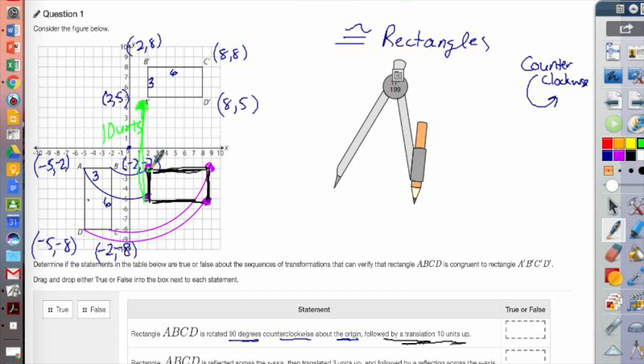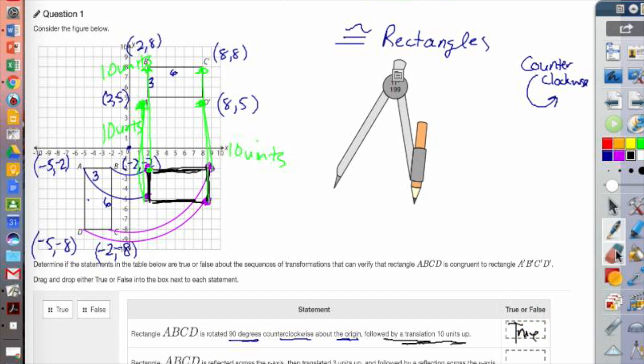That means this guy here is also shifted 10 units. And the same as here, from there to there. And from there to there is 10 units. Looks like it's perfect, so we have a true statement there. So we're going to write true for number 1.